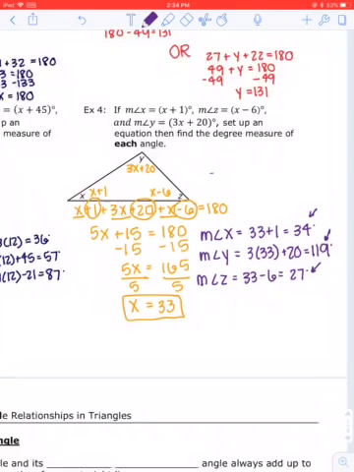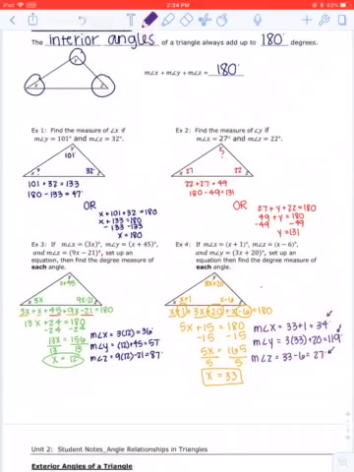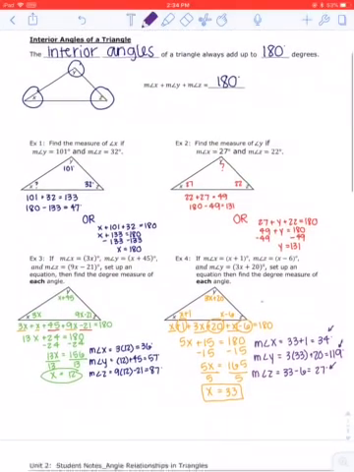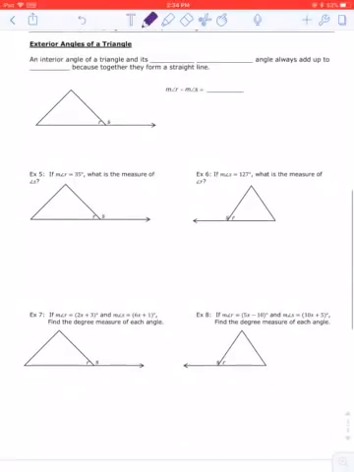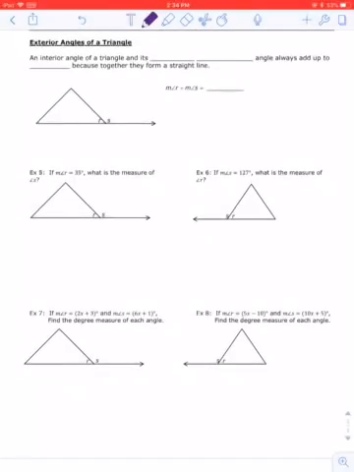So that is great. All right, so that's interior angles, the inside angle relationships of a triangle, and that's any triangle. Now let's talk about exterior angles. So interior angle and its adjacent exterior. Adjacent means next to, but its adjacent exterior angle always add up to 180 degrees because together they form a straight line.